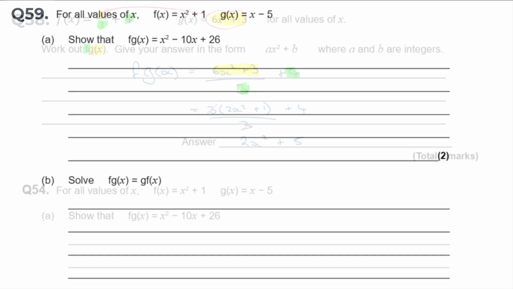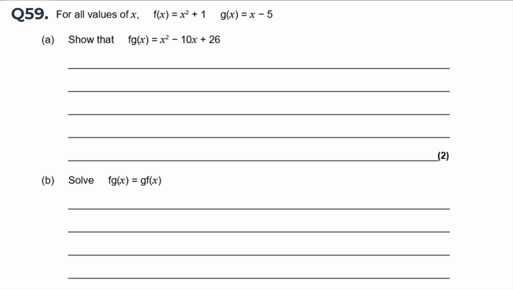For all values of x, f of x equals x squared plus 1 and g of x equals x minus 5. Show that f of g of x equals x squared minus 10x plus 26. Right, so again, I'm going to take g of x, x minus 5, and I'm going to imagine it where the x is in f of x.